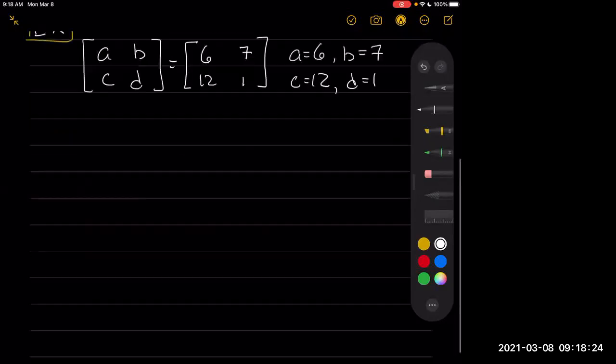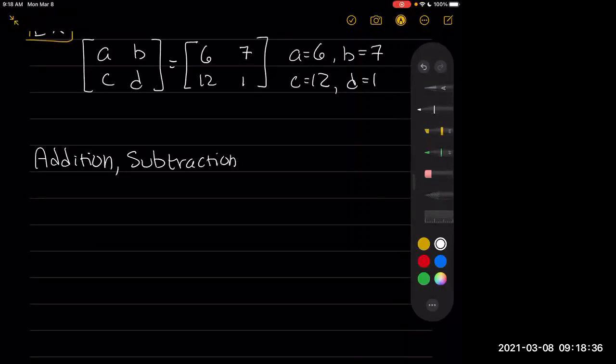Okay, so now we're going to learn some basic algebraic operations, such as addition, subtraction, and scalar product of matrices.